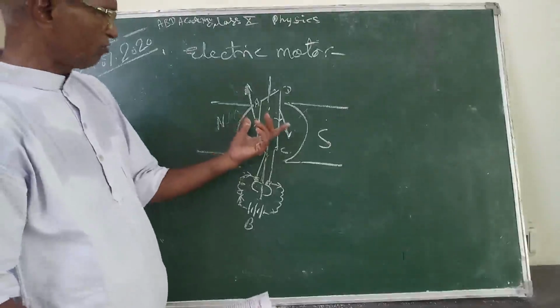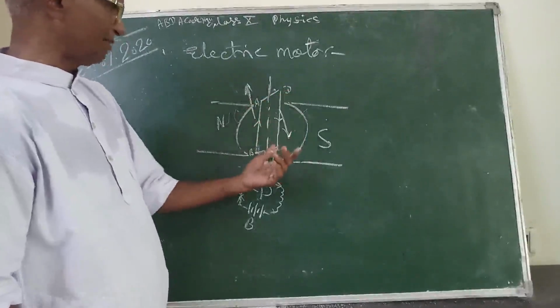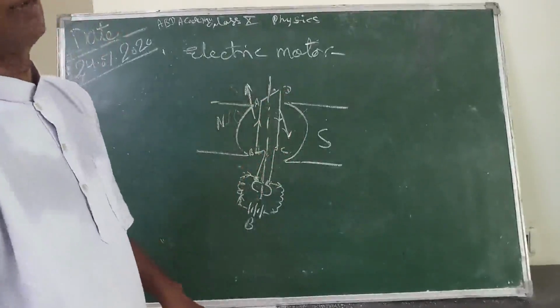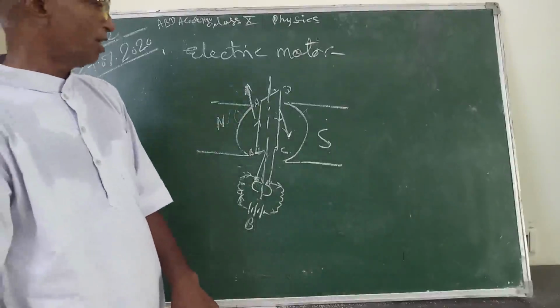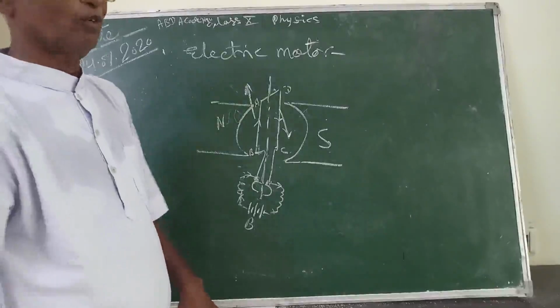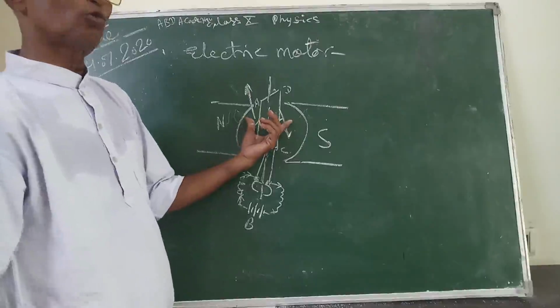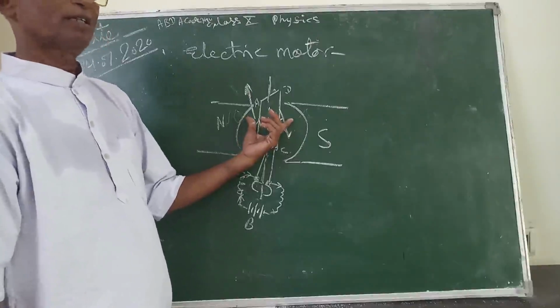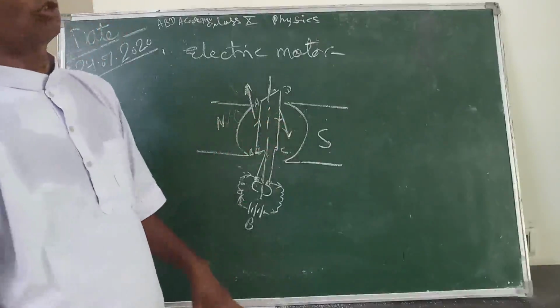Thus the two equal and opposite forces, one on AB and the other on DC, will constitute a couple. A couple is, as you know, equal and opposite parallel forces which, when they act on two parts of the same body, have a tendency to rotate the body.